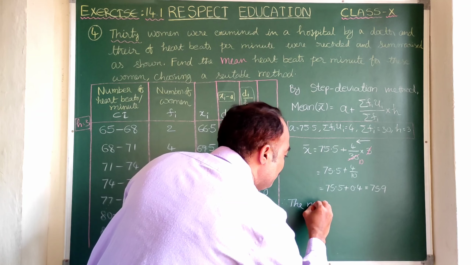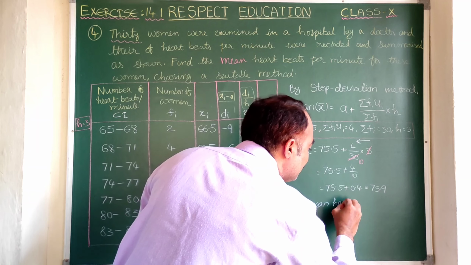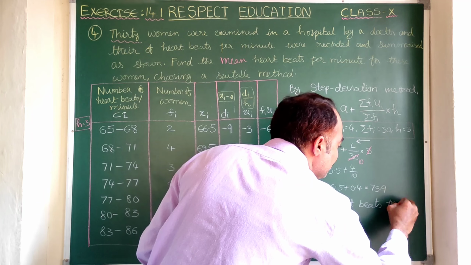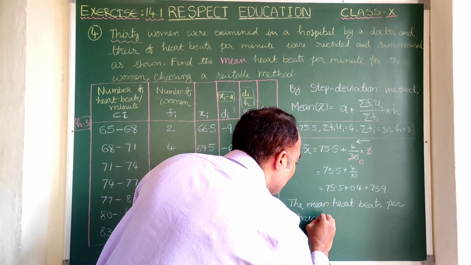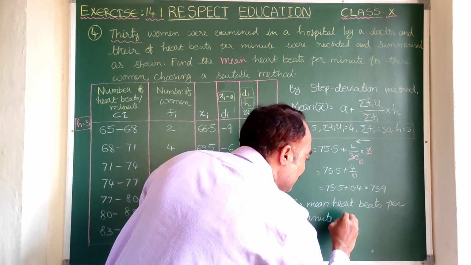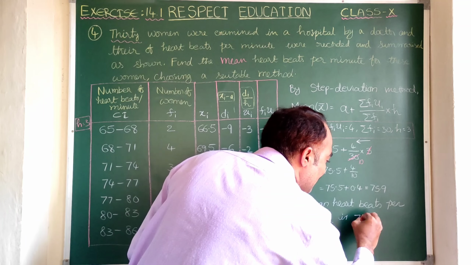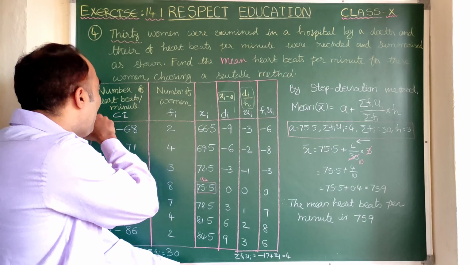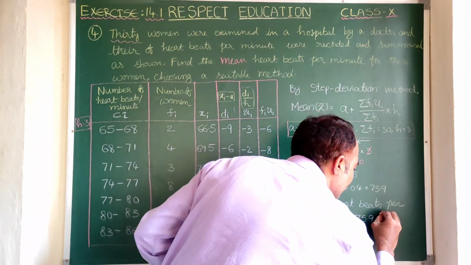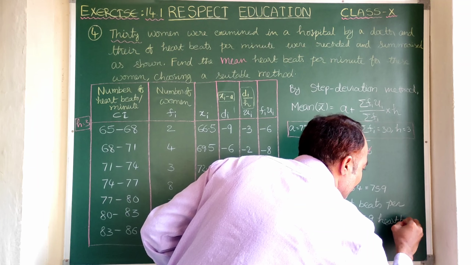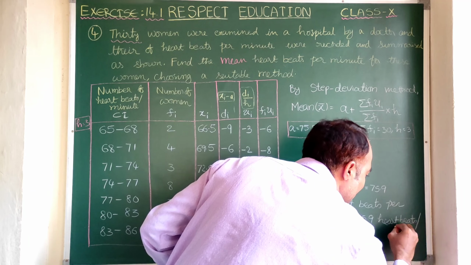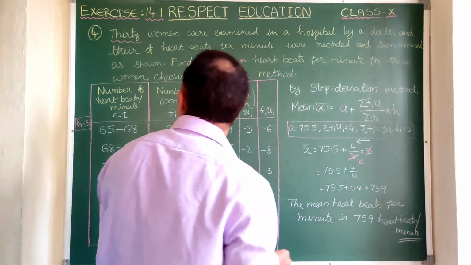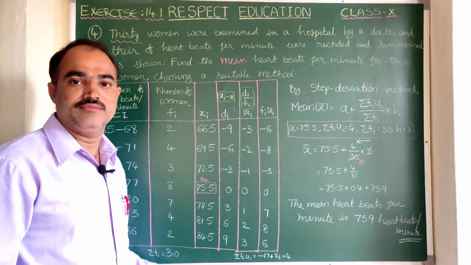Therefore, the mean heartbeats per minute is 75.9. Let us conclude with this unit, heartbeats per minute. So with this, problem 4 gets completed.